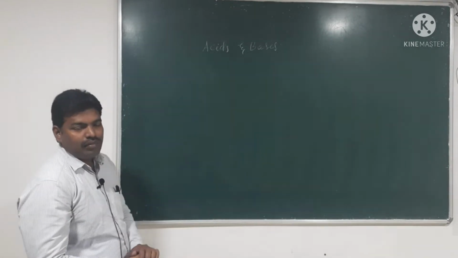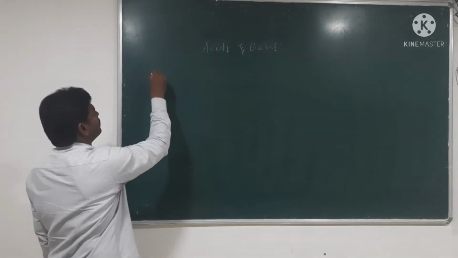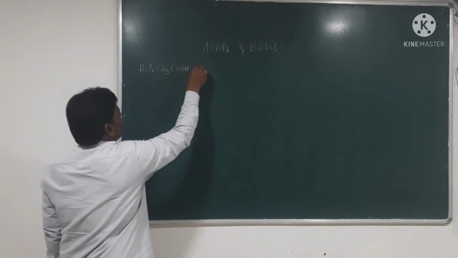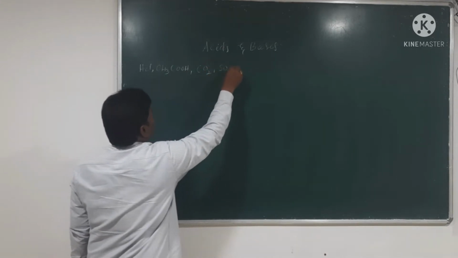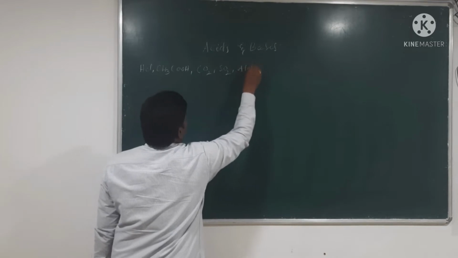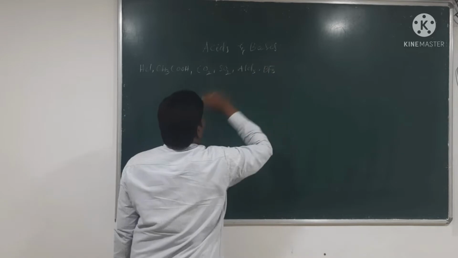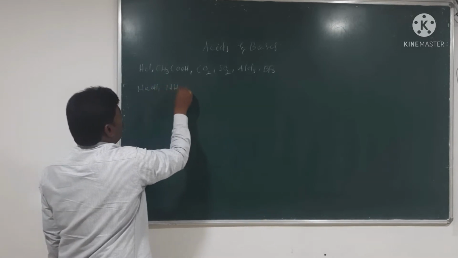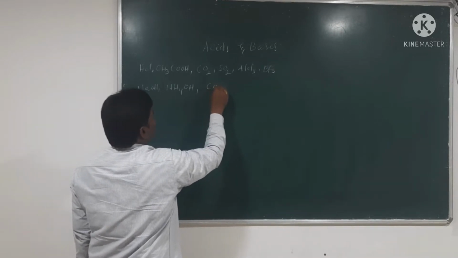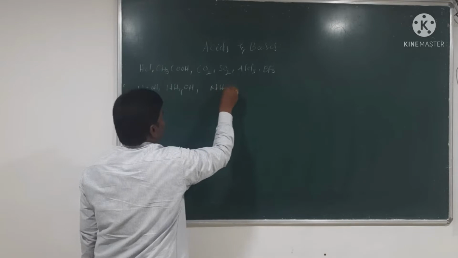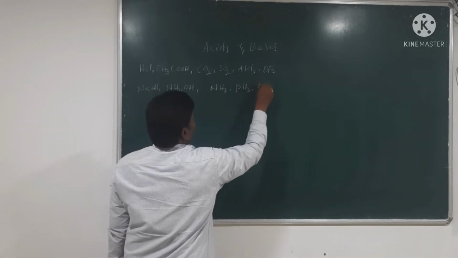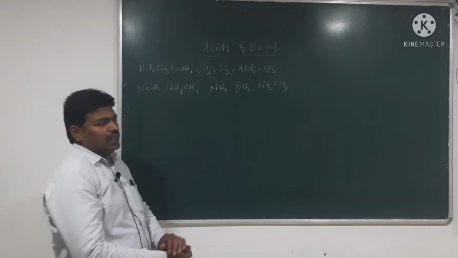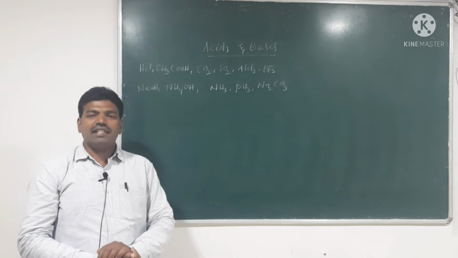Here is the group of acids and bases: HCl, acetic acid, CO2, SO2, AlCl3, BF3, and NaOH, NH4OH, NH3, PH3, Na2CO3. These are the group of acids and bases.